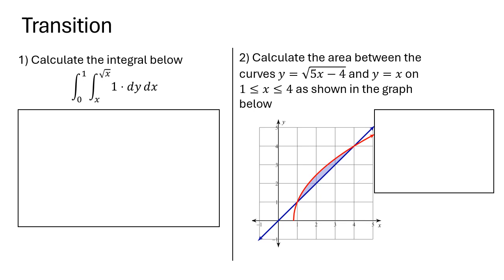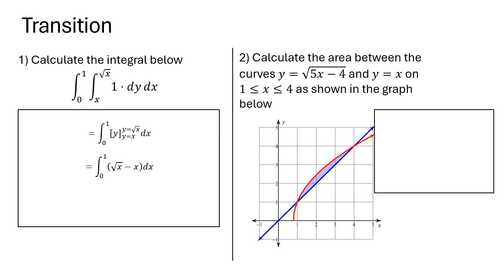So, now that you've had a chance to attempt these, let's go through them. For the first one, we would start out by taking an antiderivative with respect to y, which gives the integral from 0 to 1 of y evaluated from y equals x to y equals square root x, because we know that the antiderivative of 1 times dy is just y.